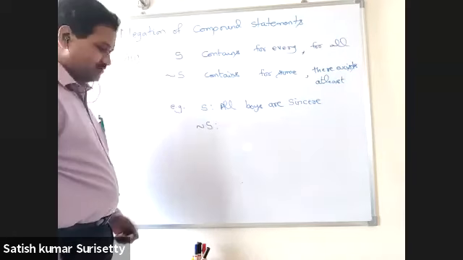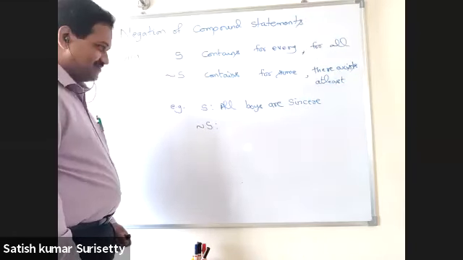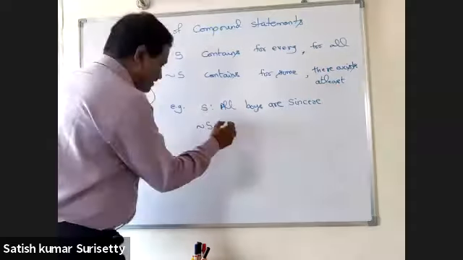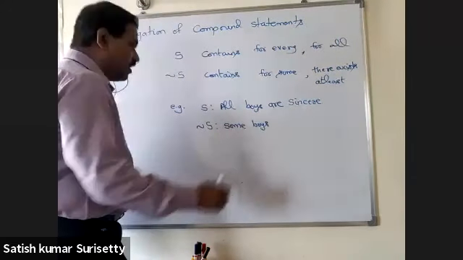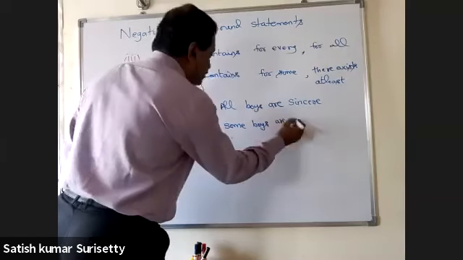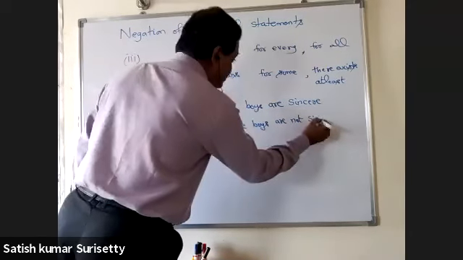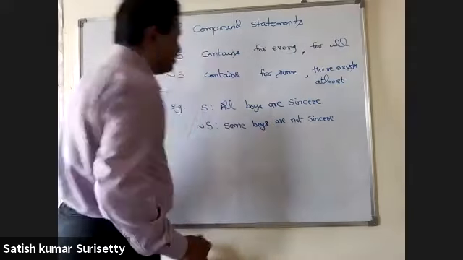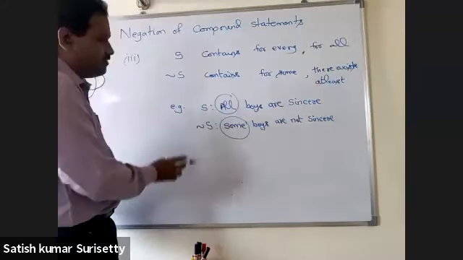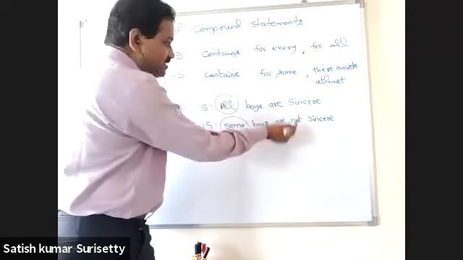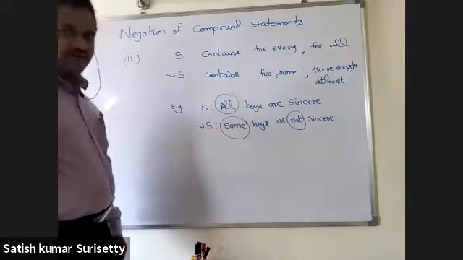Some boys are sincere? Some modification is required. Some boys are not sincere. Correct. This some is relating to what? All. But when you are taking the negation, you should have an opposite, meaning the word not should also be involved.